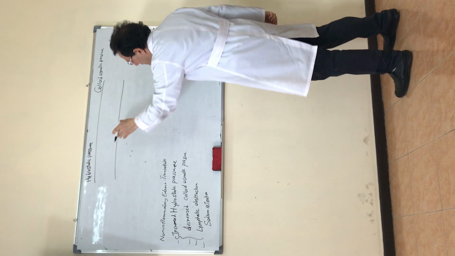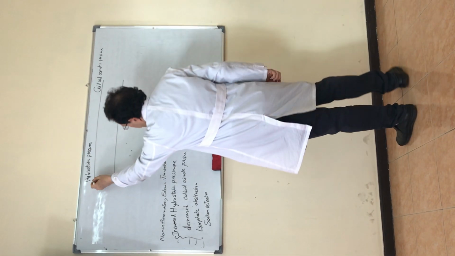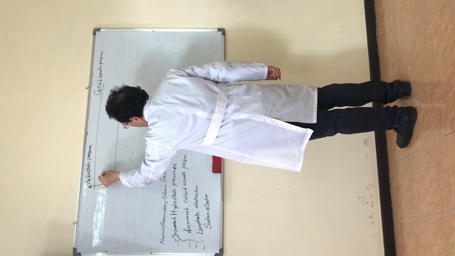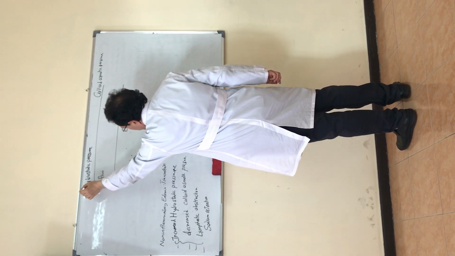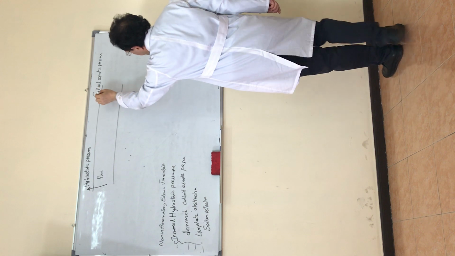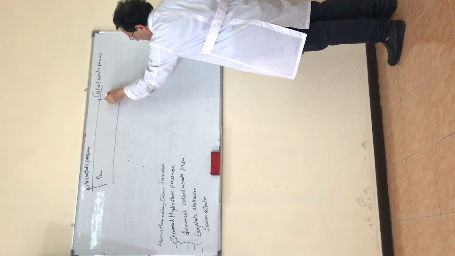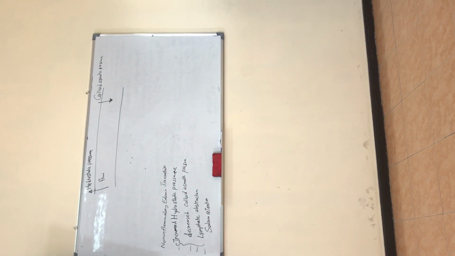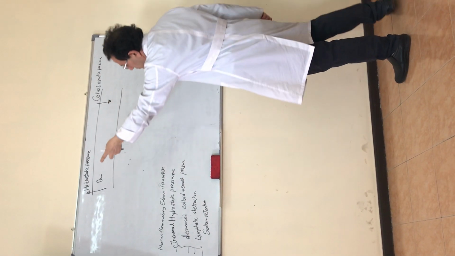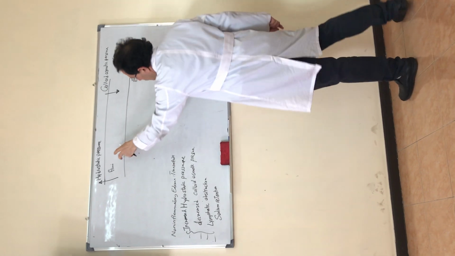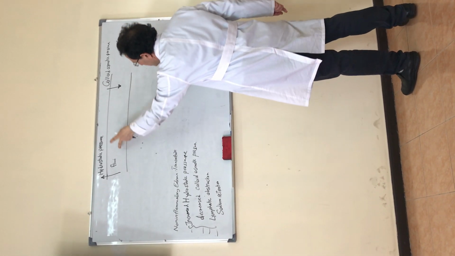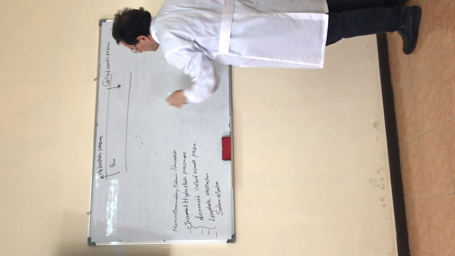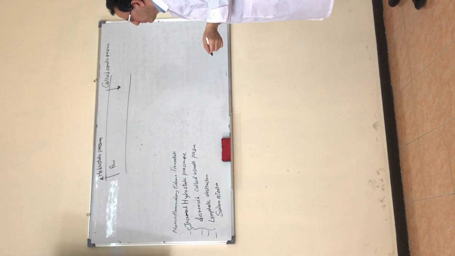Hydrostatic pressure pushes the fluid outside the vessel, but colloid osmotic pressure pulls fluid inside the vessel. So they have reverse actions. Normally there should be a balance between these 2 pressures in order that we don't have edema.